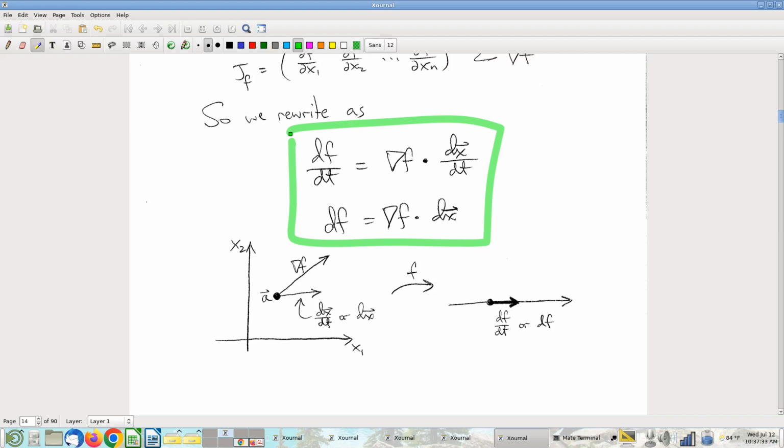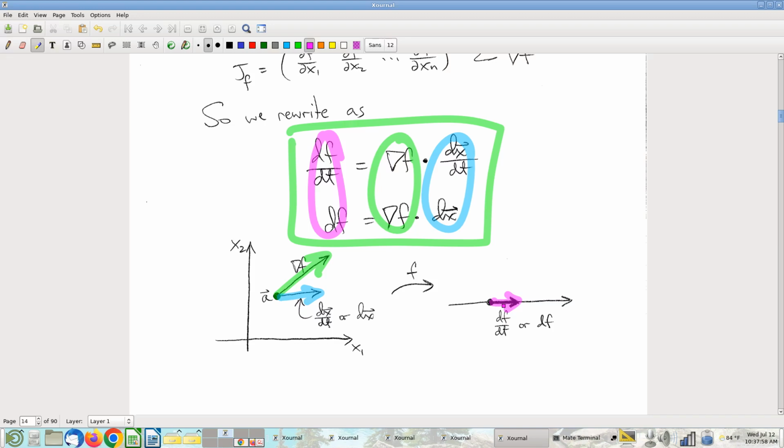Okay, so the gradient vector is the thing that when you dot it with input change or input velocity, you get output change or output velocity. Dot product with the gradient, aka multiplication by the Jacobian matrix.